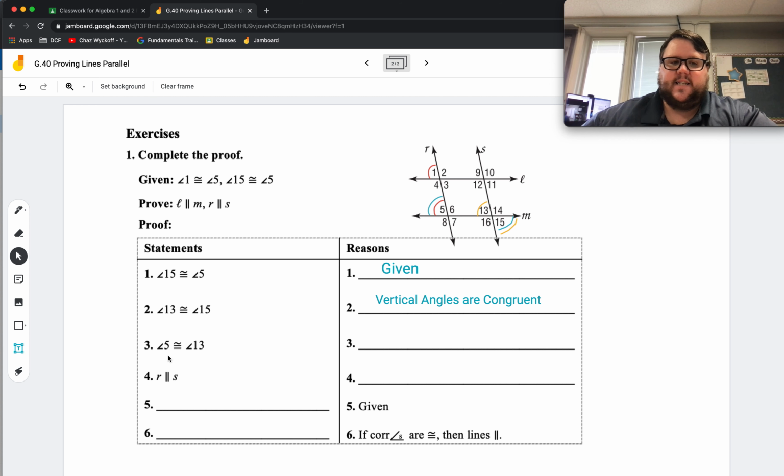Now they're going to say angle 5 is congruent to angle 13. That's because if angle 5 is congruent to angle 15 and angle 15 is also congruent to angle 13, then angle 13 has to be congruent to angle 5. That is called the transitive property of congruency.